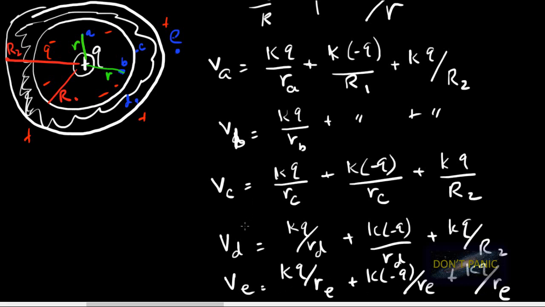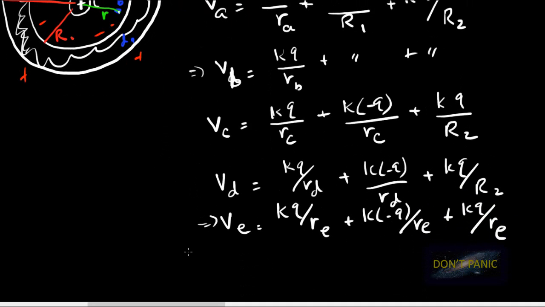Okay, and then suppose you wanted to find the work done in going from point B to point E. Suppose you move a charge Q from point B to E. What you would do is find the potential difference between B and E. So you'd take this VE and then do minus VB.